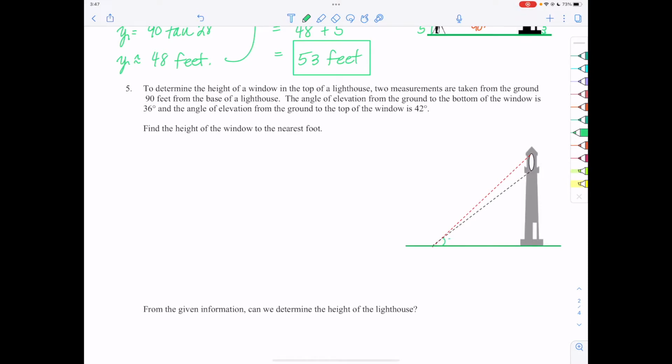So this is to the bottom of the window. And the angle of elevation from the ground to the top of the window is 42 degrees. Find the height of the window to the nearest foot.